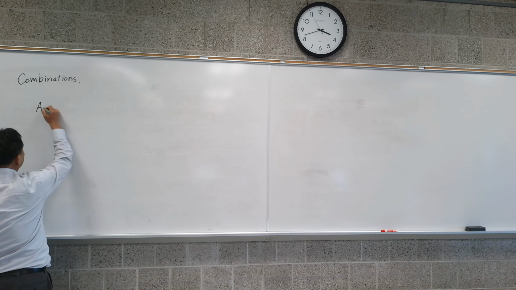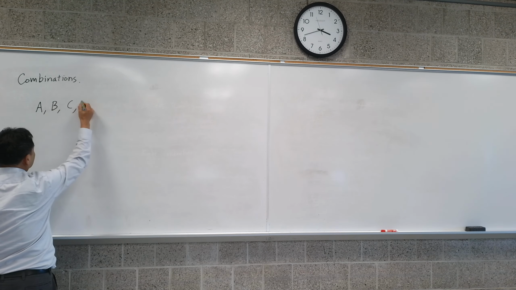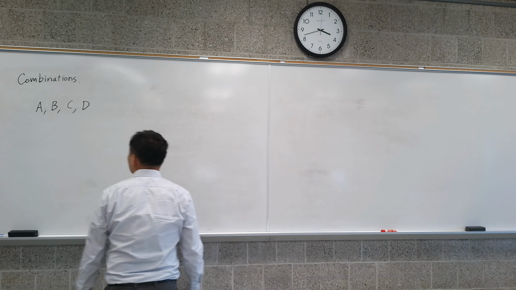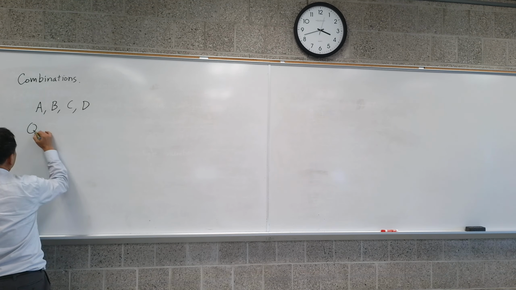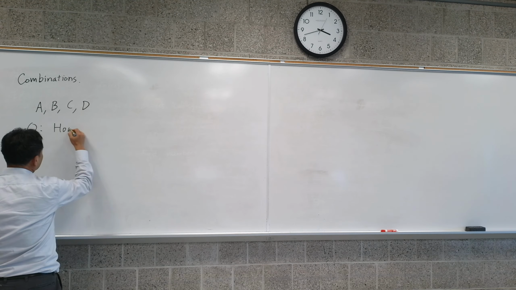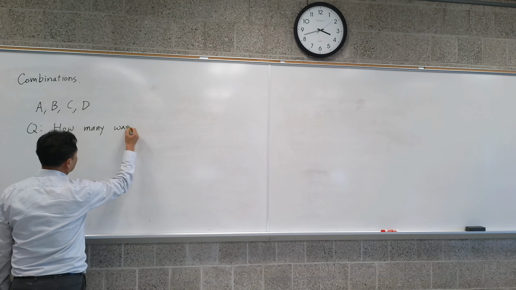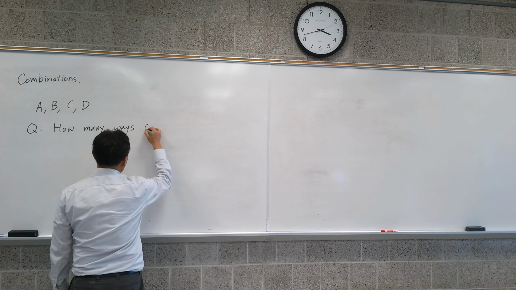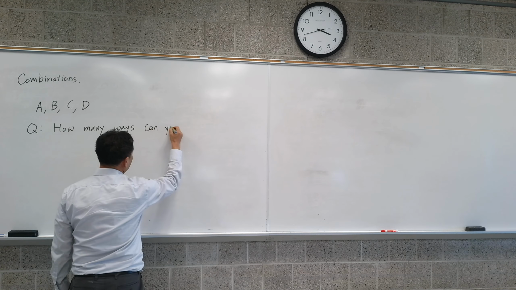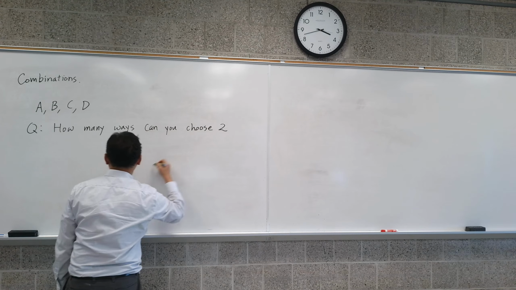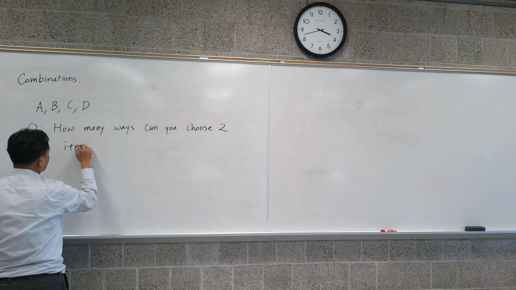Suppose you have A, B, C, D, 4 items, and the question is, how many ways can you choose 2 items?